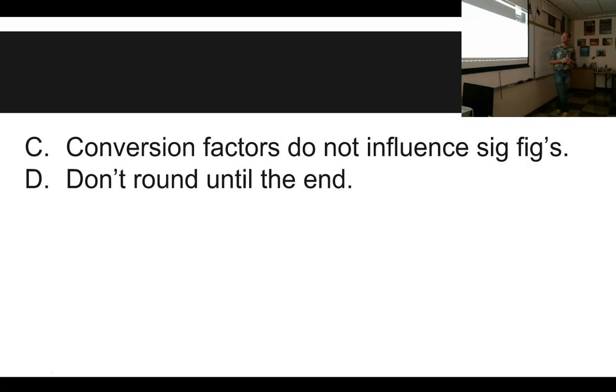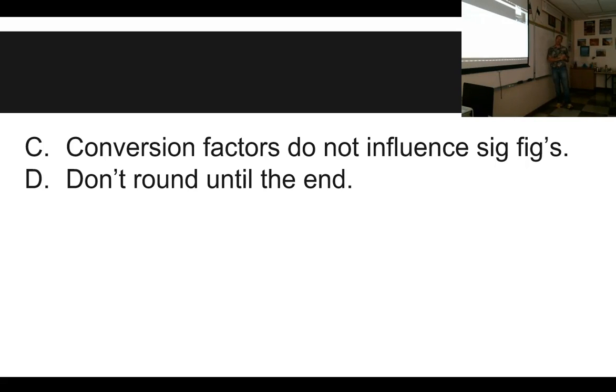Oh, and 2 more ideas here. Conversion factors don't affect it. So if I have a number that I've measured in meters, and then I need to turn that into some other unit of measurement, let's say for some crazy reason I need it in inches, and I look at the conversion factor for how many inches are in a meter.